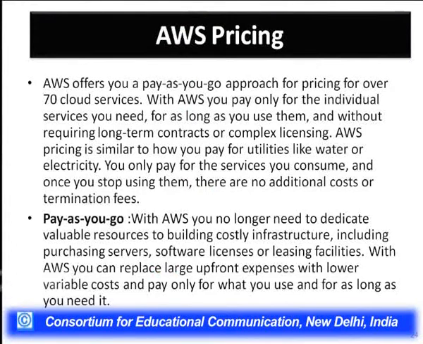We have been talking a lot about Amazon Web Services. So what is the kind of pricing model which Amazon Web Services goes for? Let's have a look. AWS basically offers pricing in the form of a pay as you go model. That is, you pay only for the services you use, for as long as you require them, and you do not have to make any long term contracts.